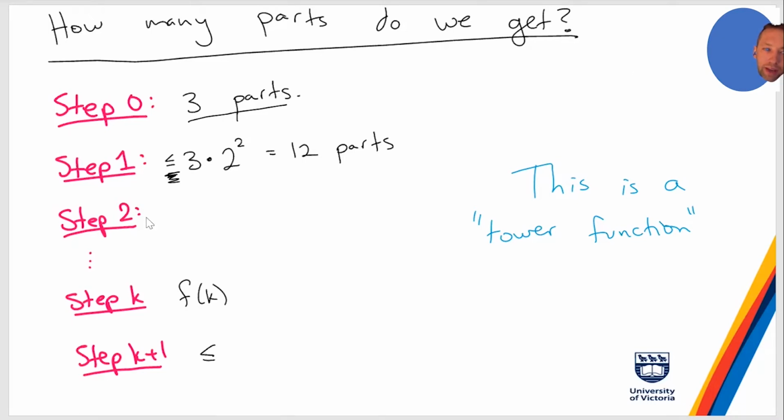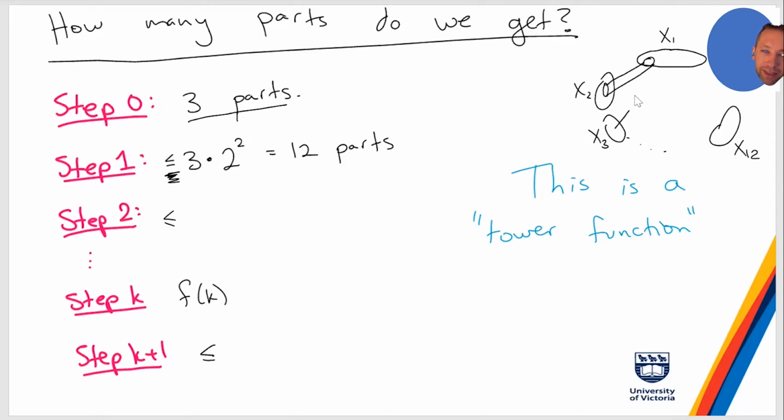Now suppose we refine again. Now I've got x1 up to x12. At most, how many parts does x1 get broken into? I think it gets broken into a lot more than that, because potentially it could have a bad thing with x2, a bad thing with x3, all the way up to x12.